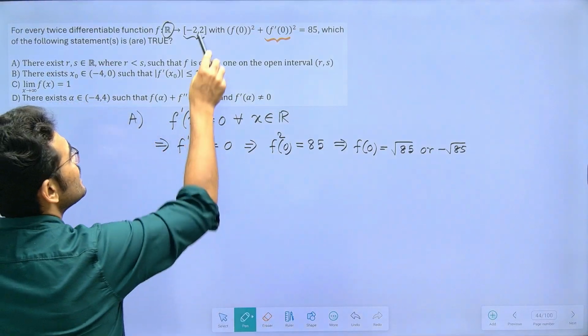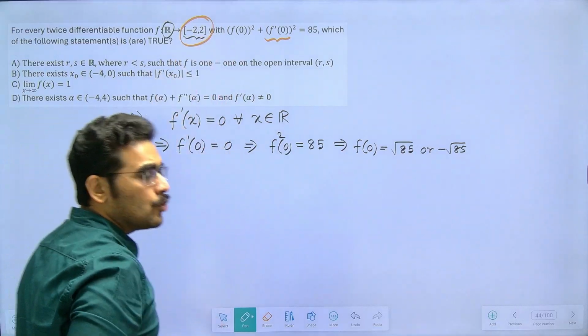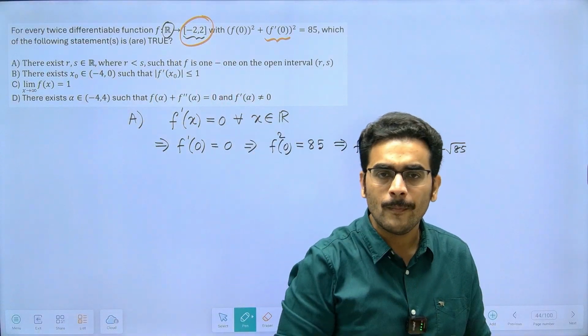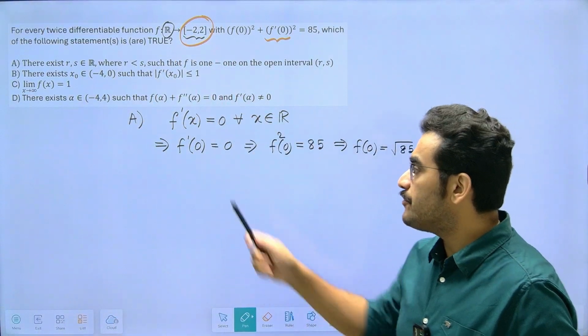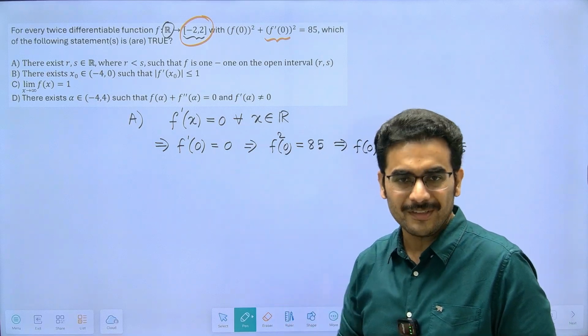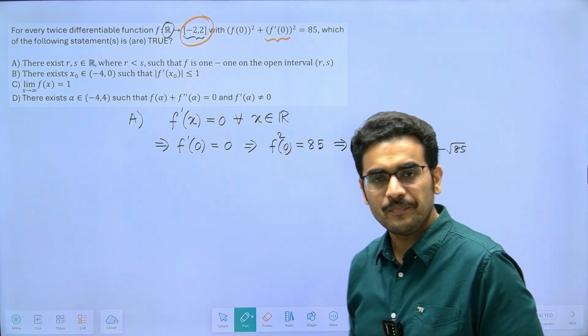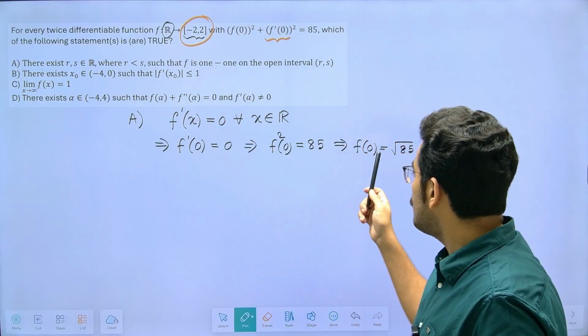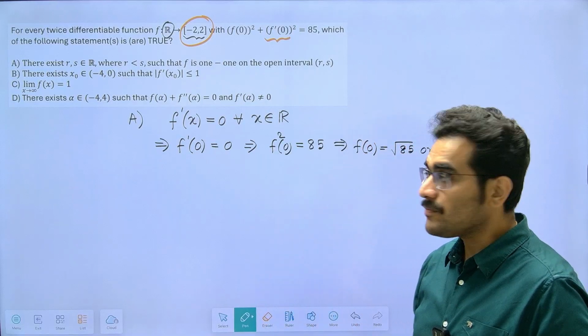So of course that is not within the codomain. Codomain is restricted to minus 2 to 2. That means that f'(0) cannot be 0. Clear? Because then f(0) cannot be these two values.